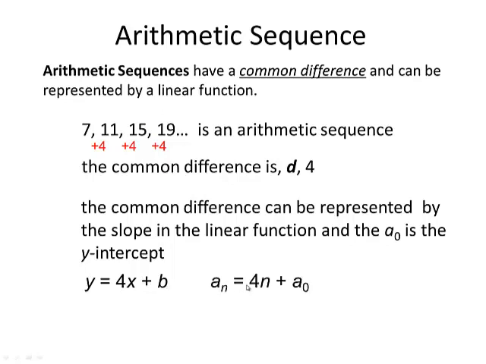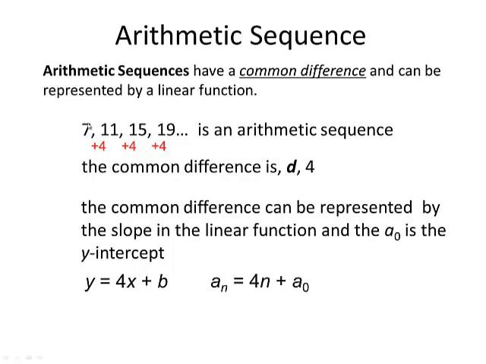But this is the way we're going to write it as an arithmetic sequence. It's not supposed to look like y is equal to mx plus b, but the b is really the one before the first one. So whatever is before the first one is your y-intercept, or a sub 0.